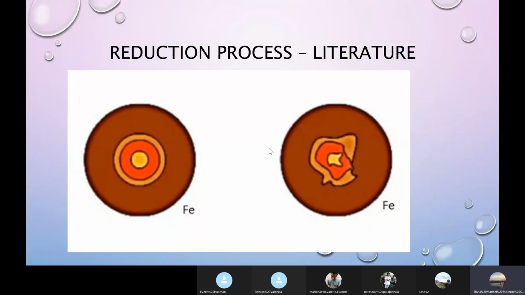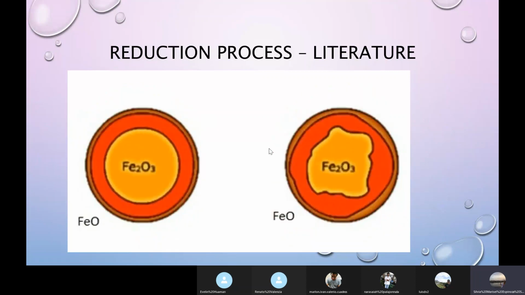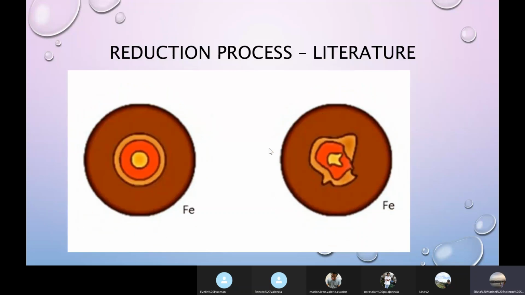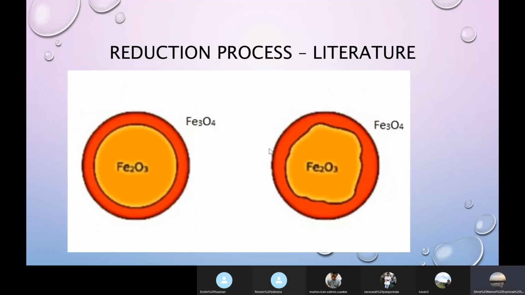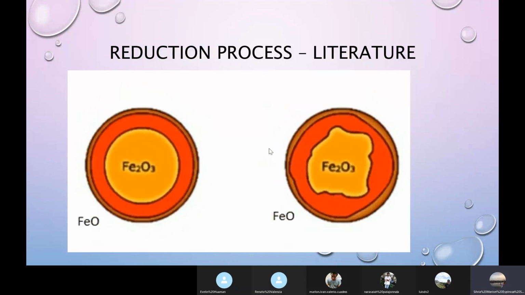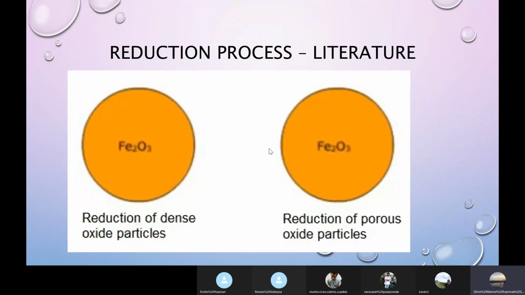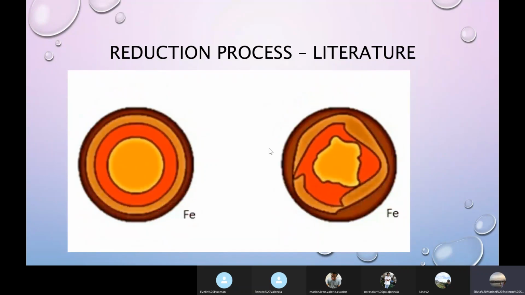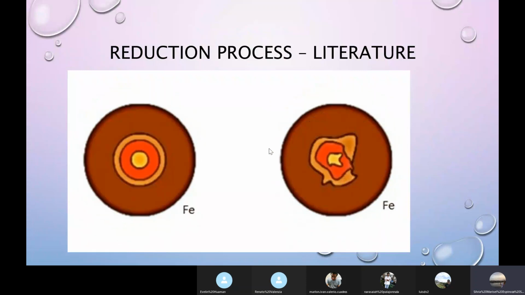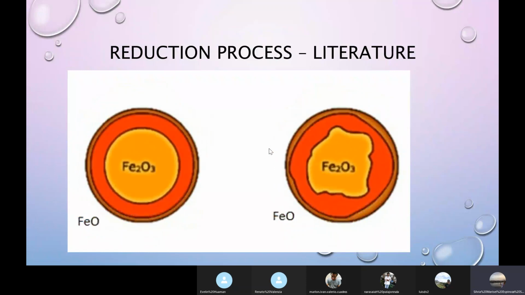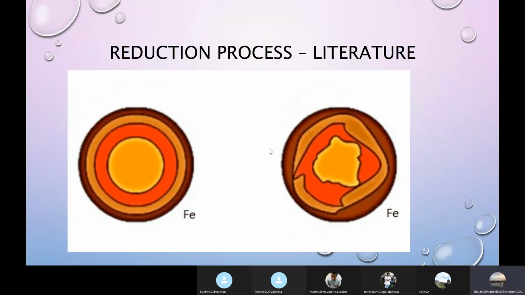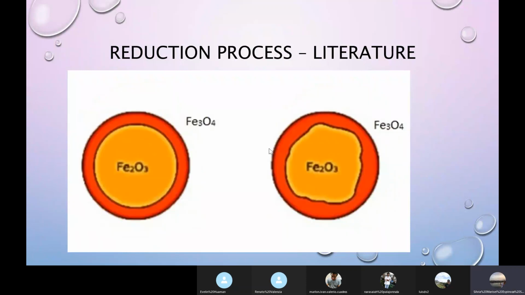Very interesting. In step 3, the gaseous products, carbon dioxide or water, diffuse out through the porous product layer. If the product layer is dense, the reducibility of the mineral will be poor and will present a minimum speed. This is the literature report about our process.